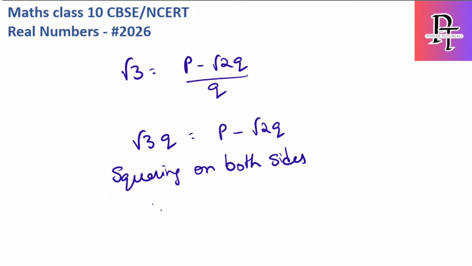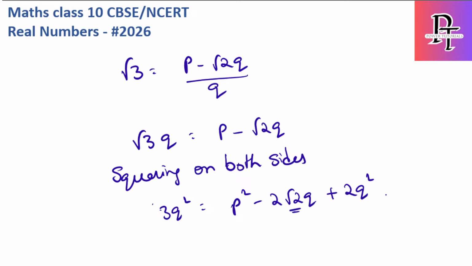If I apply squaring on both sides, this becomes 3q square is equal to, what is a minus b whole square? A square minus 2ab plus b square. A square is p square. 2ab means 2 into p into root 2q, plus b square, which is root 2q whole square, that is 2q square. Now I have only one irrational number.